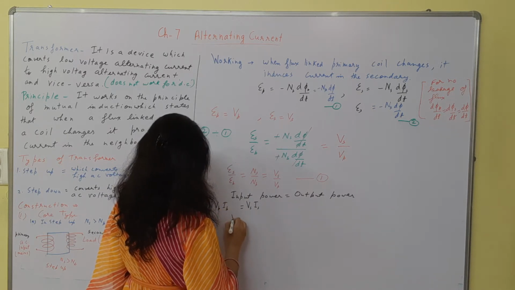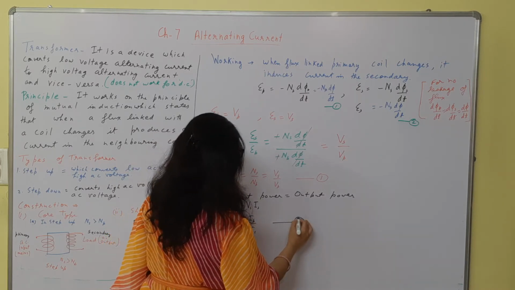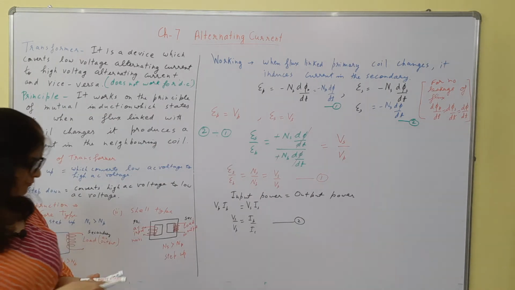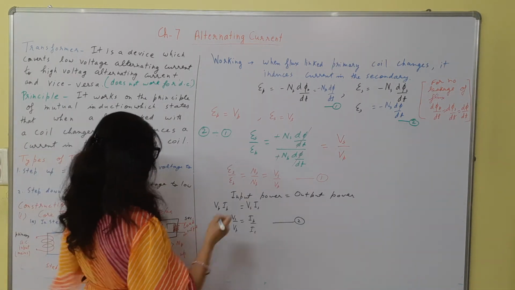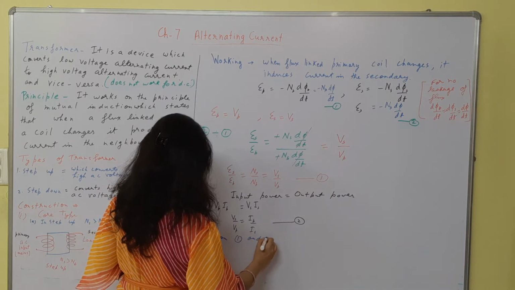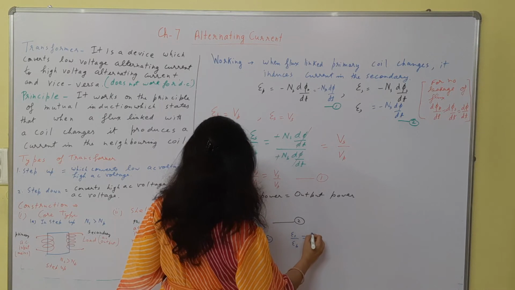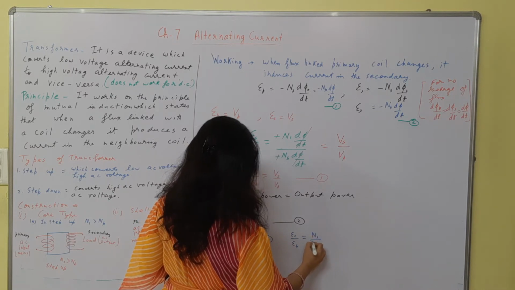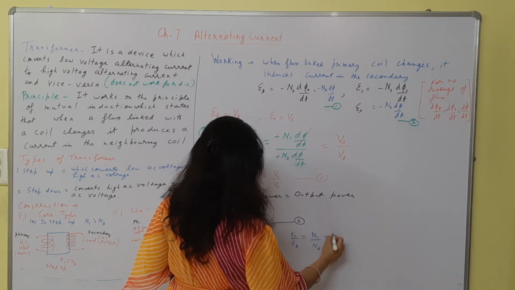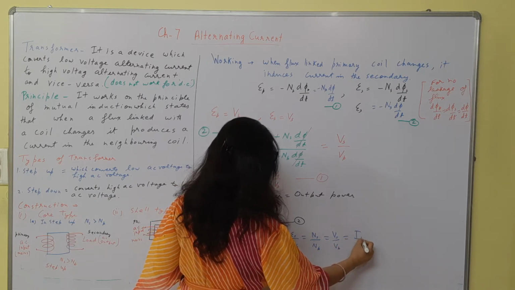So from here Vs upon Vp is equal to Ip upon Is. This is your equation 2. So from 1 and 2, Es upon Ep is equal to Ns upon Np is equal to Vs upon Vp is equal to Ip upon Is.